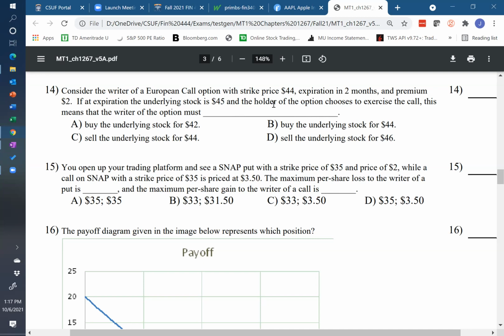Okay, so this is just, do you know the basics of a call contract? Strike is 44. If the person exercises, that gives them the right to buy at 44. That means the writer must sell to them at 44, right? So sell the underlying stock for $44. So that would be C.